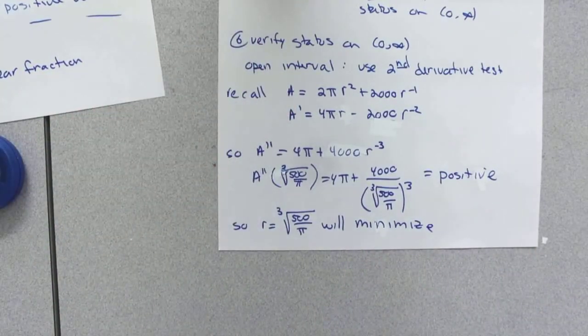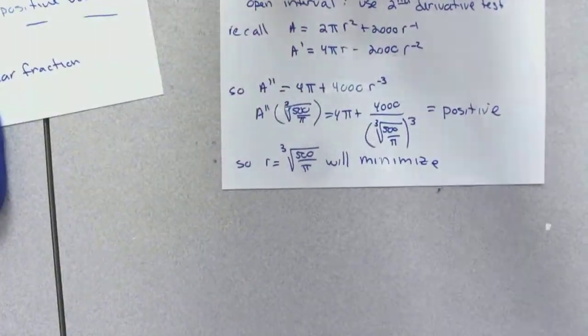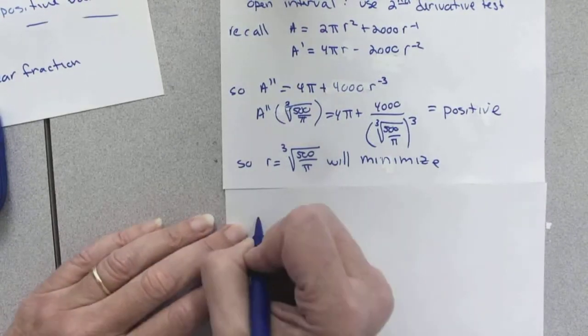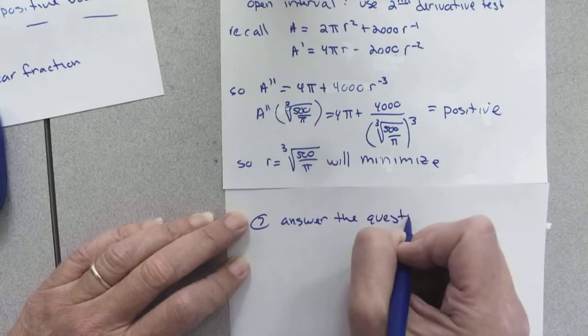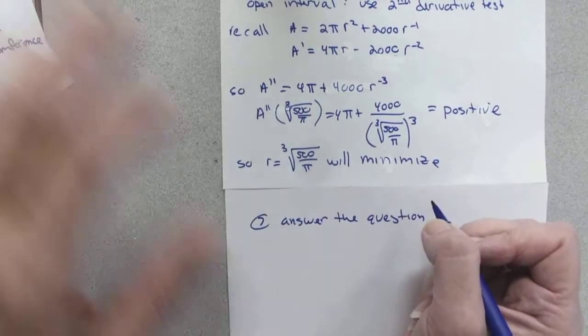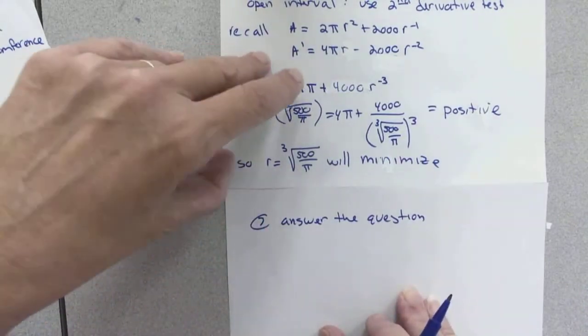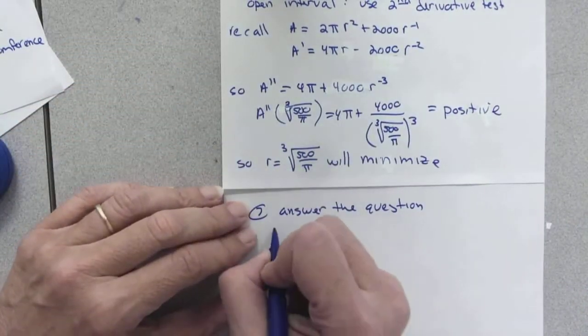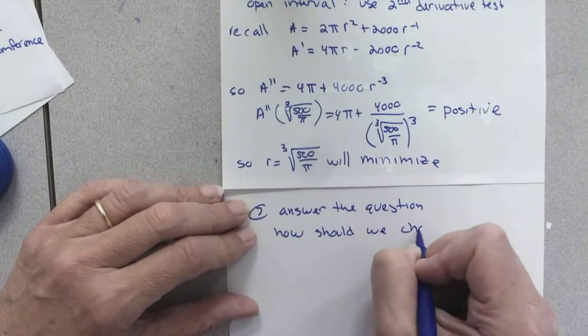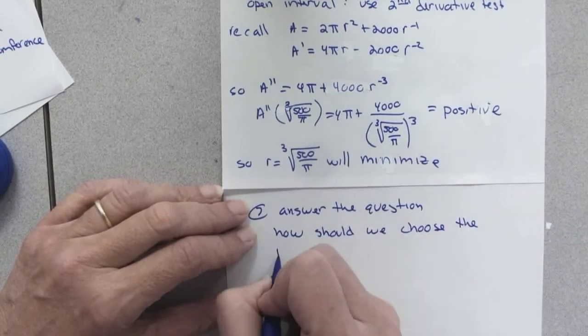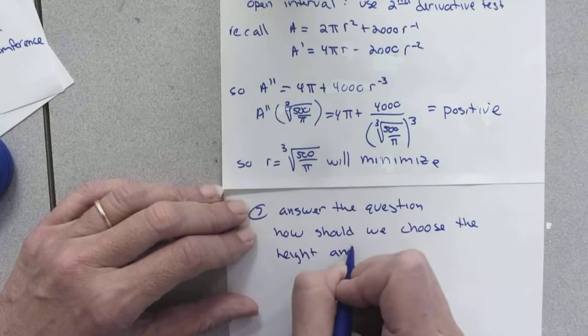And so there I did just verify that I have a minimum, but now be sure you answer the question. The question wasn't just what is r. So step 7, answer the question. Way back when it says, how should we choose the height and radius?